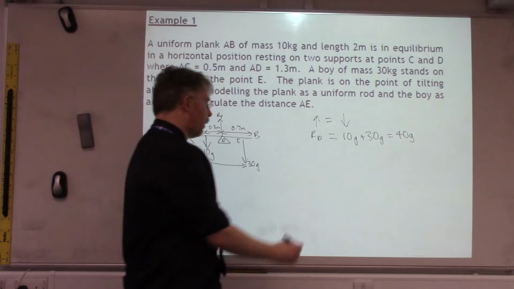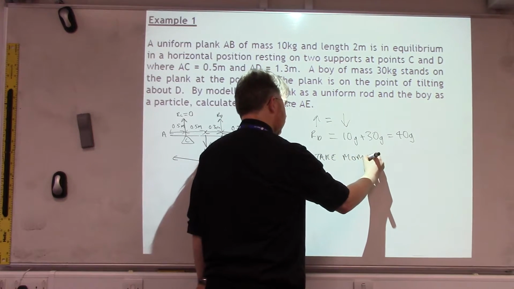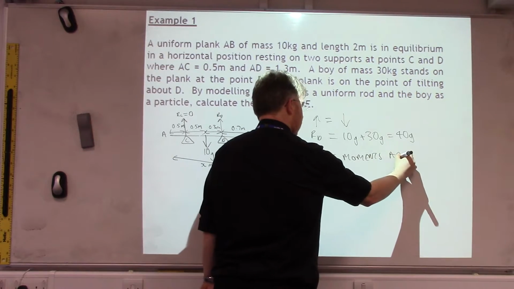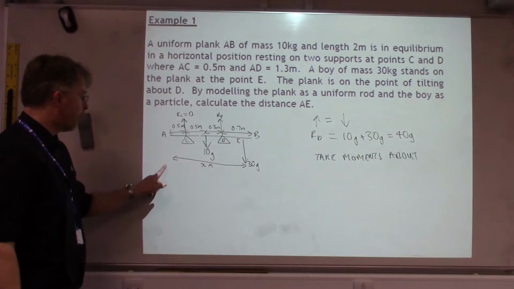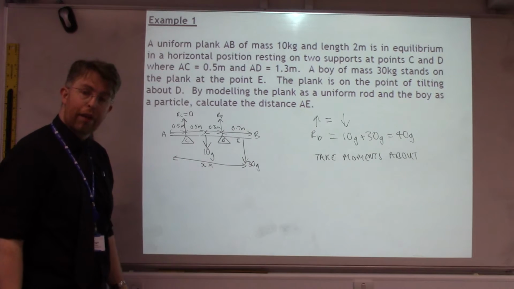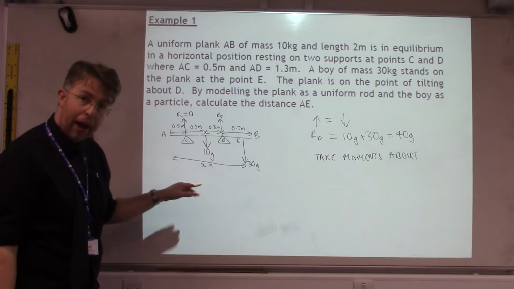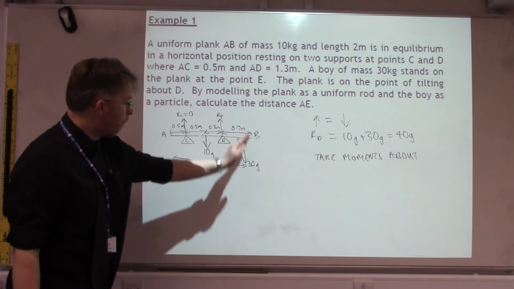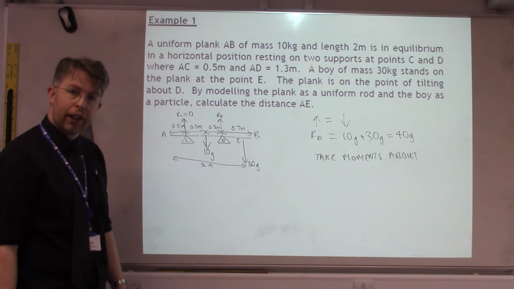Now we're taking moments, but we need to choose our point carefully. We want the distance from A to E, so the easiest place, just like when we're trying to find the centre of mass for a non-uniform plank, is to do our moment about A. The moment of the boy will be x times 30G.